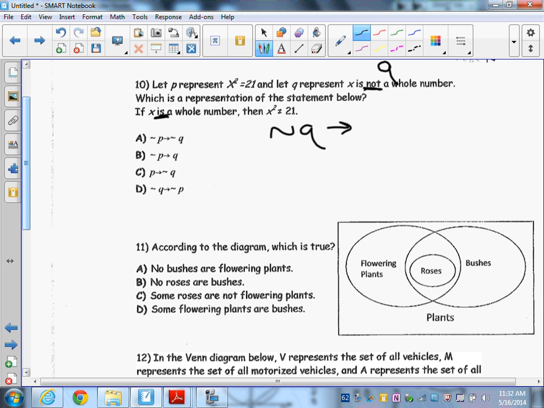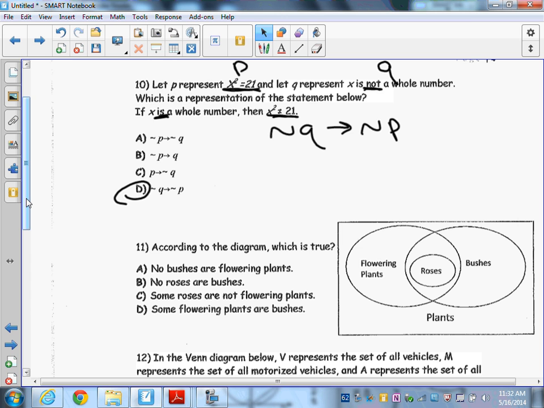Two nots is true. And then we have x squared is equal to 21, that was P, and we have x squared is not equal to 21, so that's going to be not P. So it's going to be not Q, then not P. One thing that really trips people up is the double negative, so watch out for that.